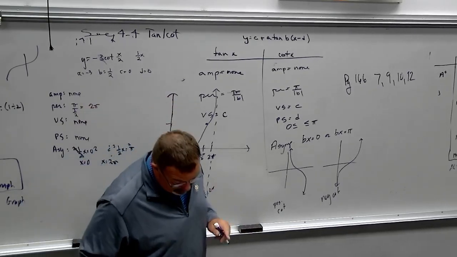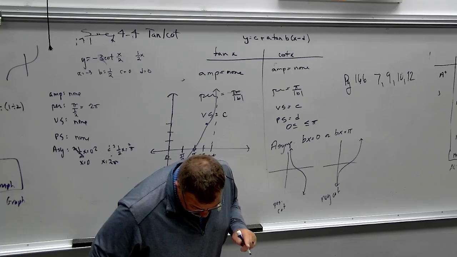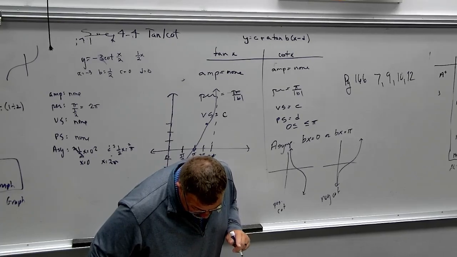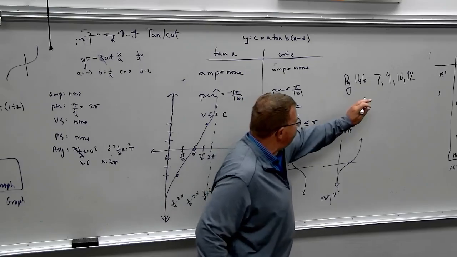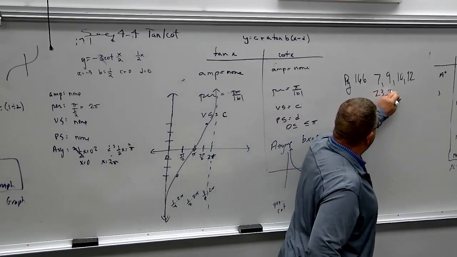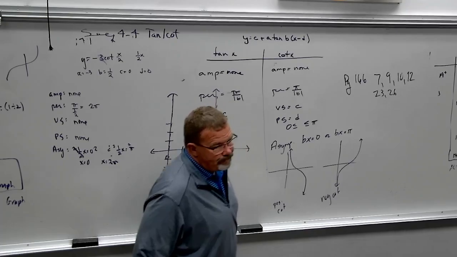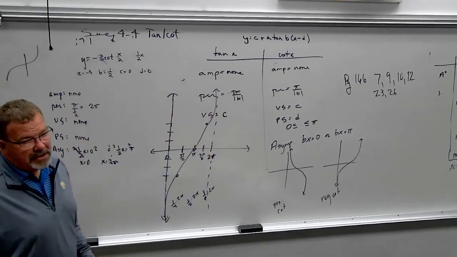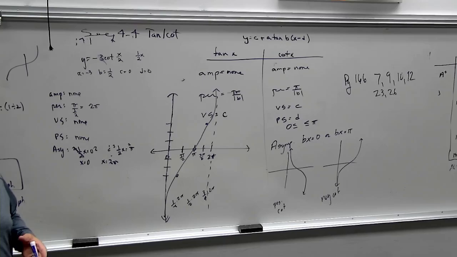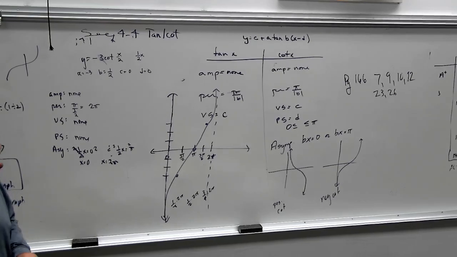But I do want you to be able to do a vertical shift. So I'm going to do 23 and 26. So naturally finish these up, then concentrate on your vertical shifts, phase shifts from Thursday. I can help you with 7 just to get it going.